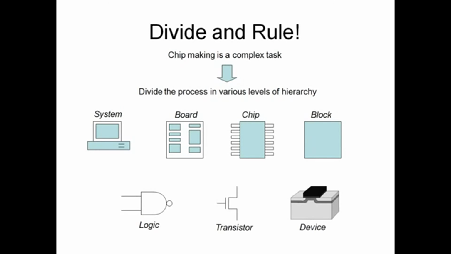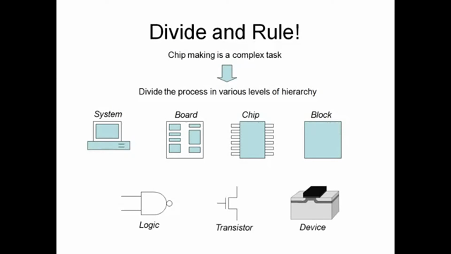Typically, the chip design being complex, a divide and conquer policy is used at various levels of hierarchy. You start at the top level of the system and reach down to the silicon level. You start with the specifications at the system level, and that is transferred to a silicon chip.